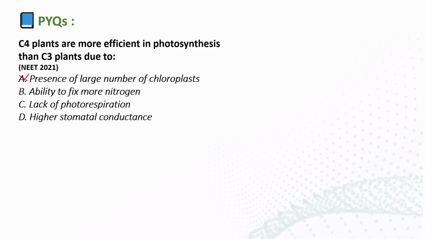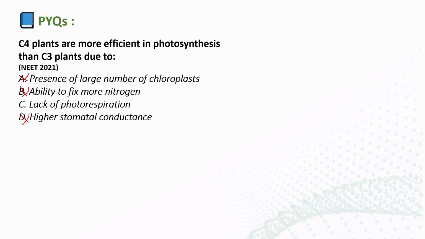Whereas for the ability to fix nitrogen, there is no nitrogen fixation in the photosynthesis process. The next one is lack of photorespiration, you can consider this option. Another one is higher stomatal conductance, which will occur in both of them, but it is not the reason for the efficiency.